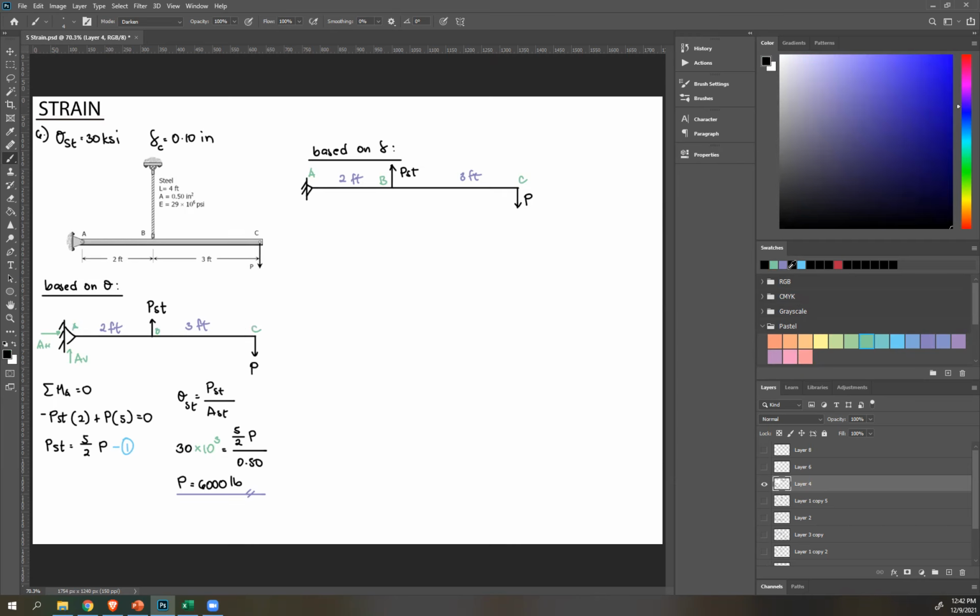Okay, now what? You have to imagine how this deforms. So there's this applied load P here. Therefore, this rod is gonna move downward. Now, this is a pin, okay? If you can imagine, if you have a pin there, that means this rod is free to rotate. So at this end, it stays in place because there's a support there, but it can rotate.